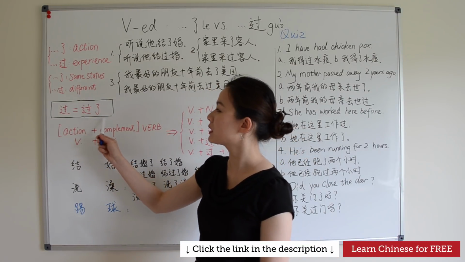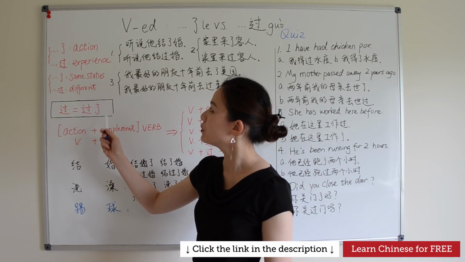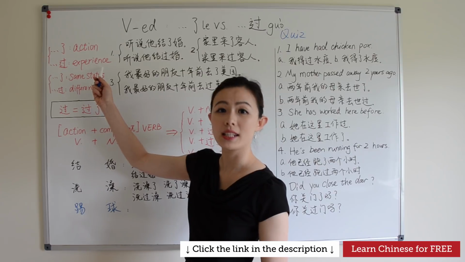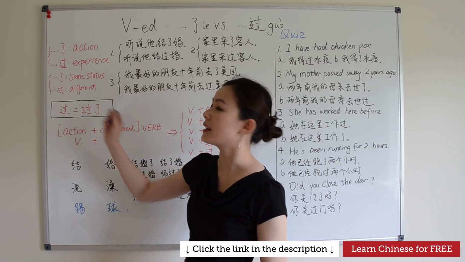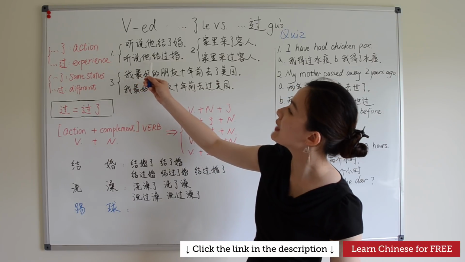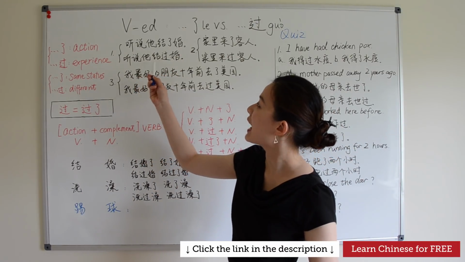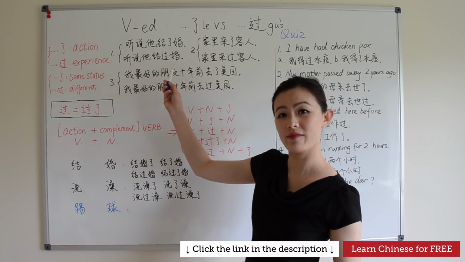And it is basically the same as 过. So when you use 过了, you also mean it's an experience, and the status might be different now. So instead of 听说他结过婚, you can also say 听说他结过了婚.